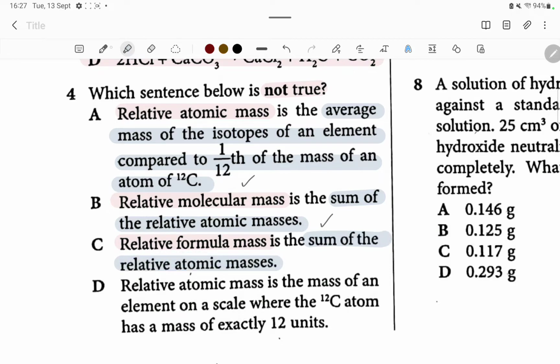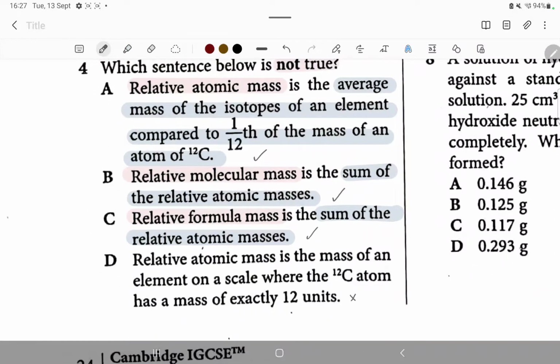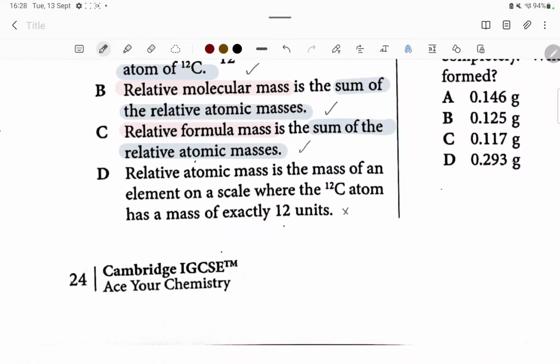Let's look at D. Relative atomic mass is the mass of an element on a scale where this one is exactly 12 units. This one wrong, because they compared with this one is correct, this part. Exactly 12 units correct.